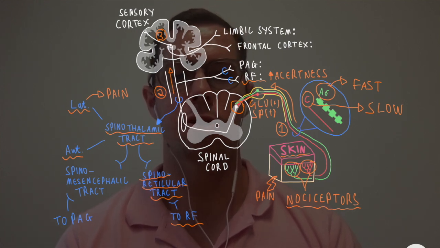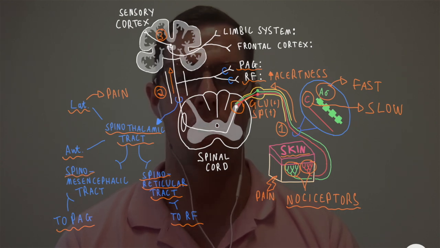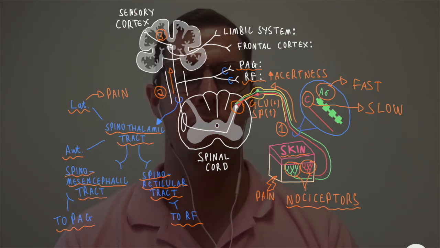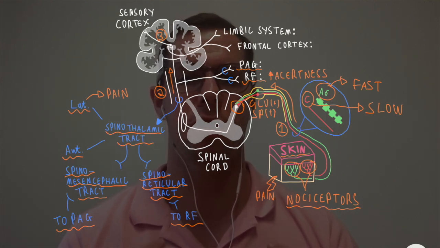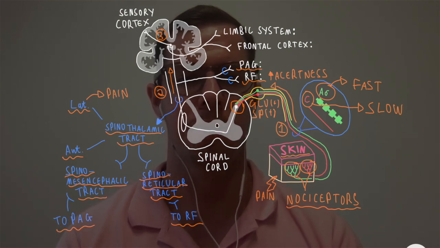Second order neurons also project to a part of our brainstem called the periaqueductal grey of the midbrain via the spinomesencephalic tract. The periaqueductal grey, or PAG for short in this video, is a structure that kickstarts a top-down descending control of pain.